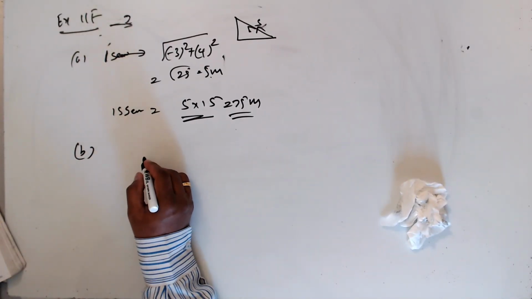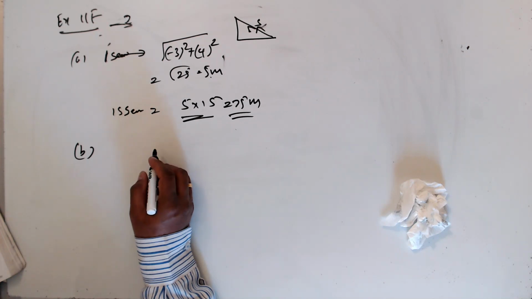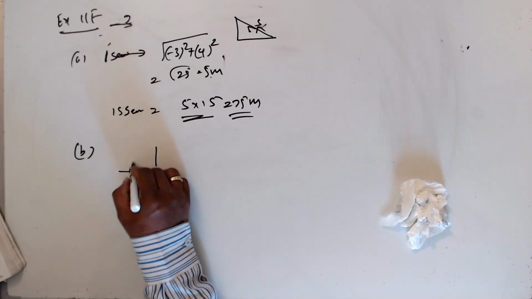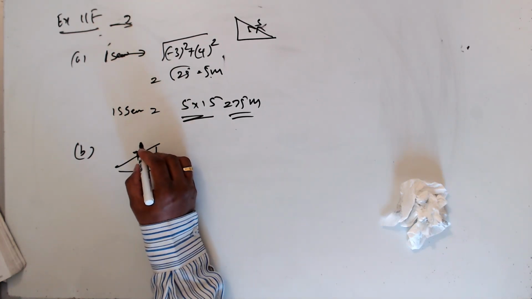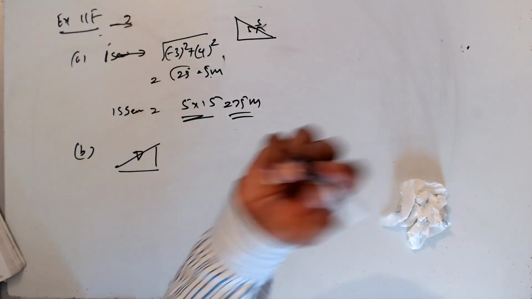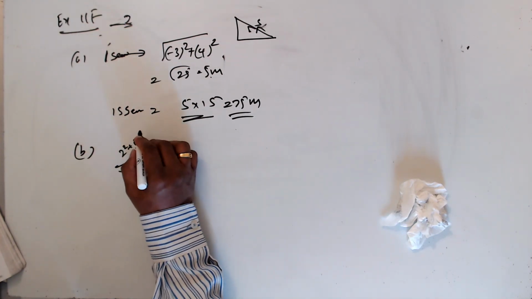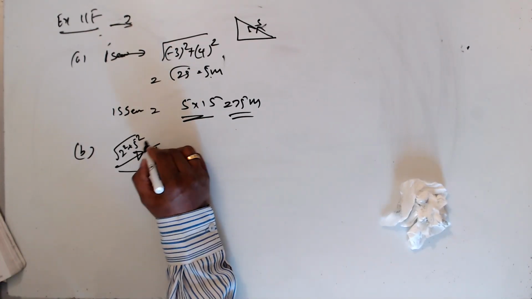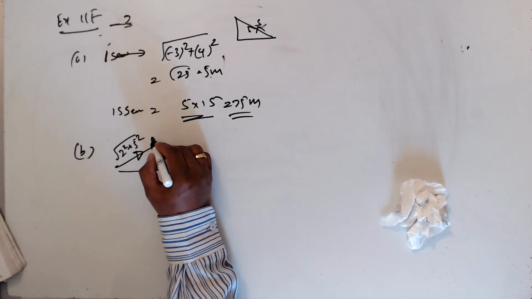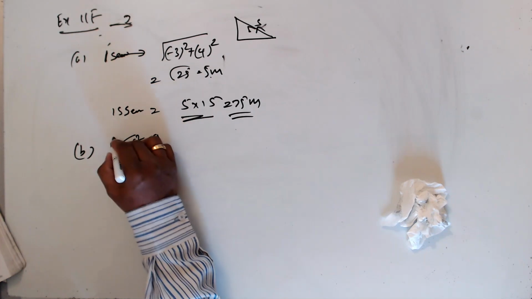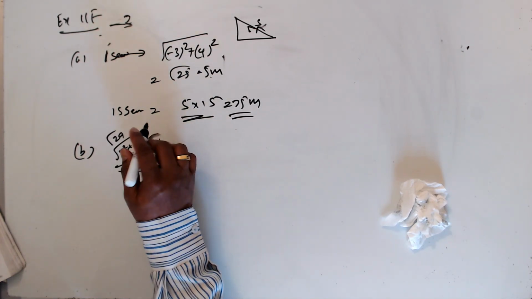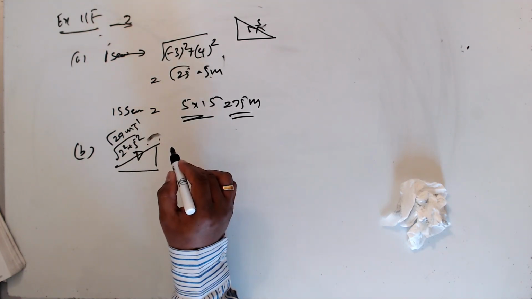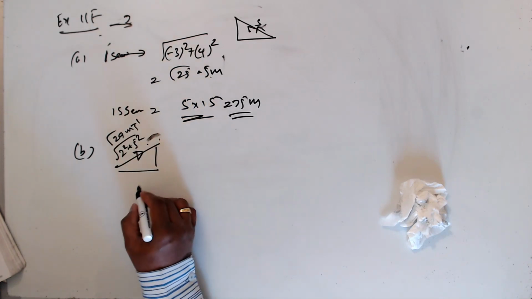Part B, 2 and 5. So you are going in this direction with the speed square root of 2 square plus 5 square. So what is that? 29. So square root 29 meters per second.